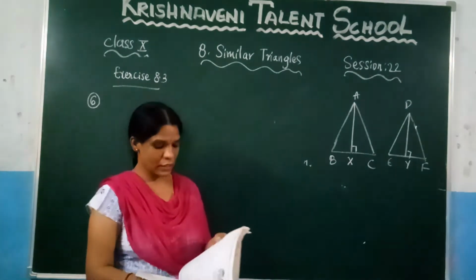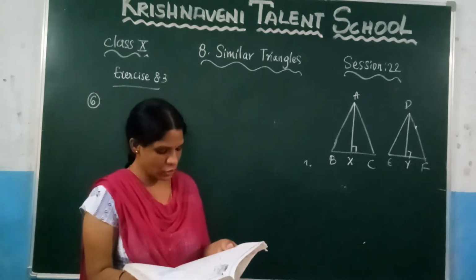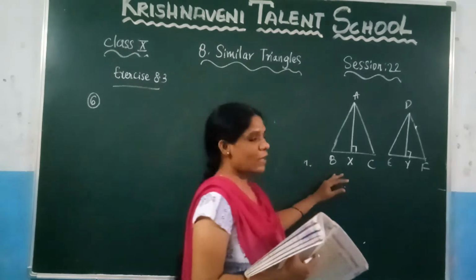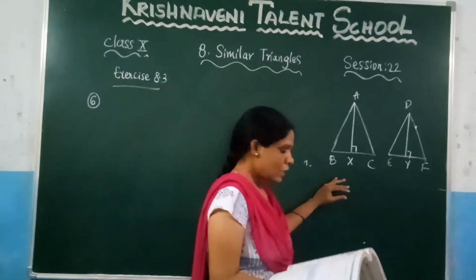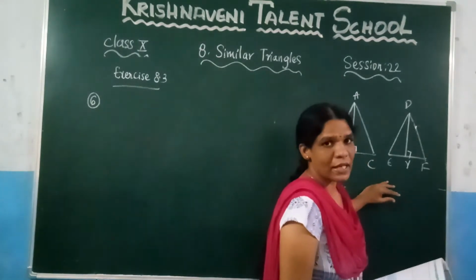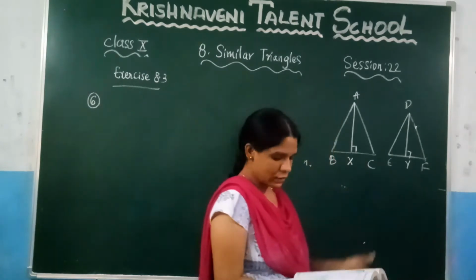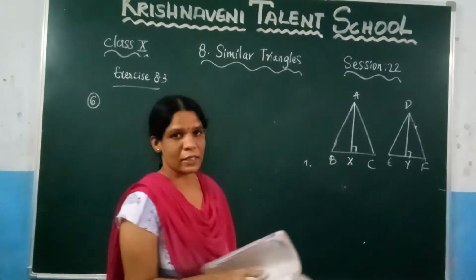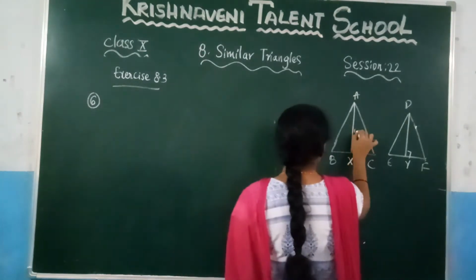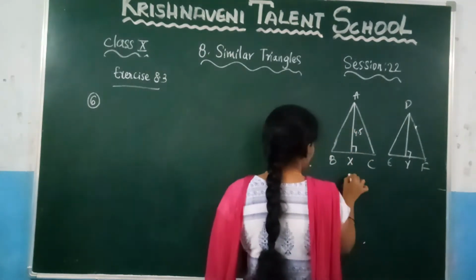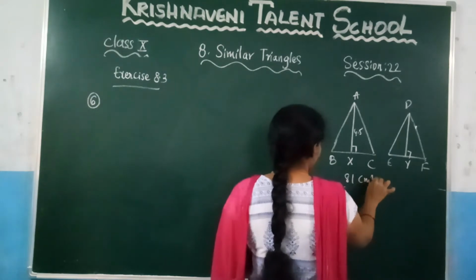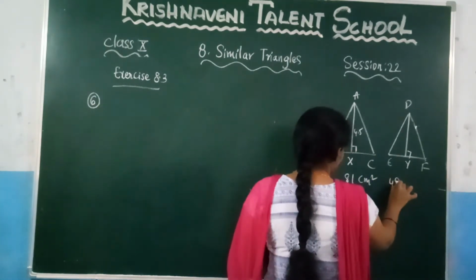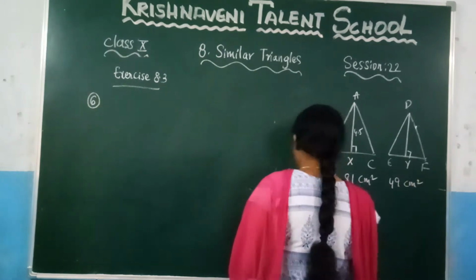So what is given here? They have given the areas of the two similar triangles. The bigger triangle area is 81, and the smaller triangle area is 49. And after that they have given the altitude of the bigger triangle, which is 4.5. This area is 81 cm square, and this area is 49 cm square.